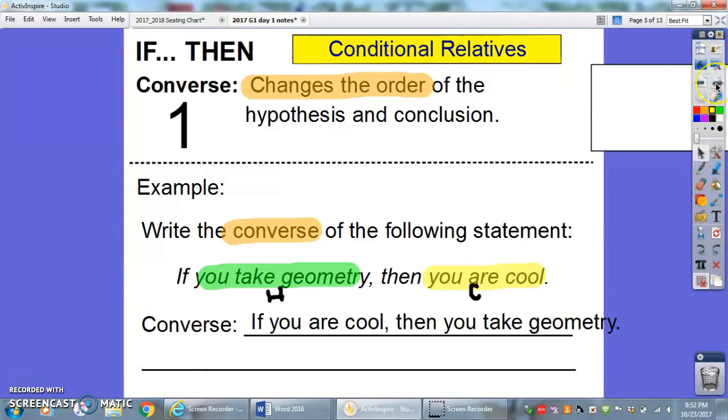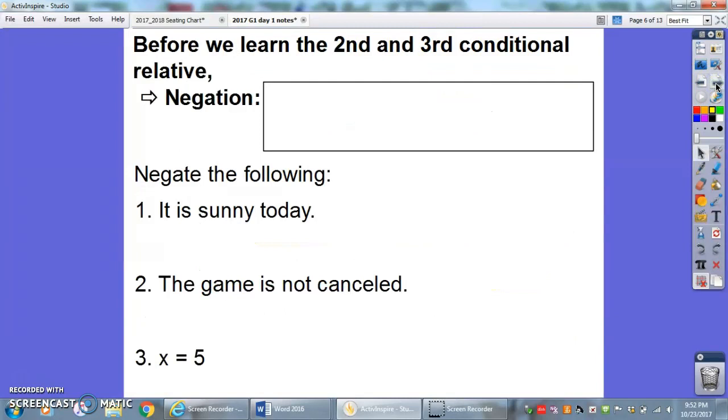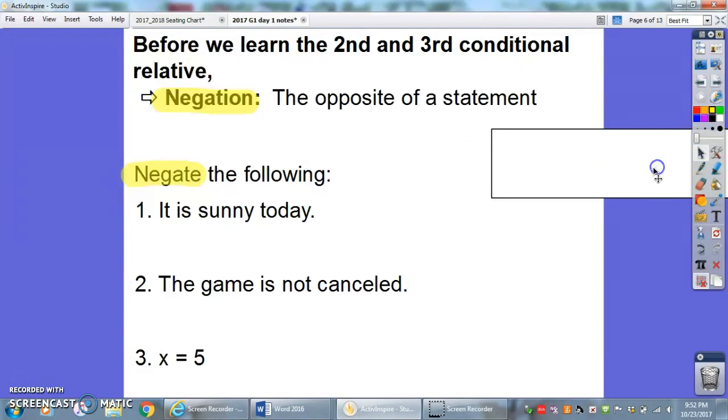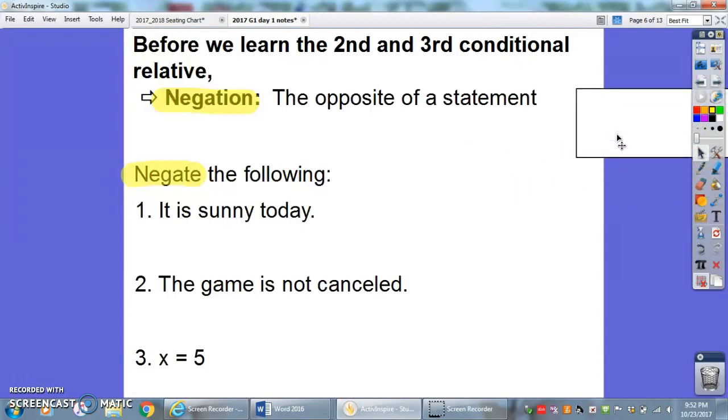The next one we learned, well, before we learned it, we actually talked about this word, which is negation, or negate. That simply means the opposite of a statement. Basically you add a not in there. For number 1, it says it is sunny today.